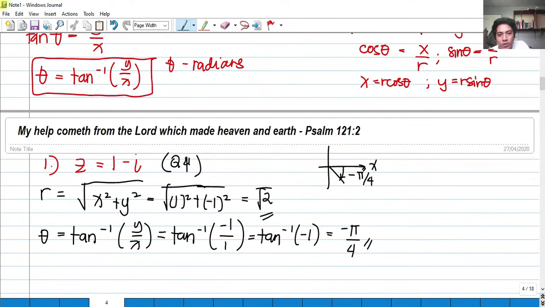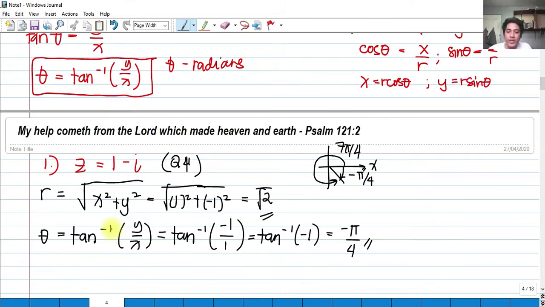I think we can also get the angle in the counterclockwise direction, and that is 7 pi over 4, which is correct. But the calculator gives you negative pi over 4, so we are okay with that. We can also use 7 pi over 4 as our answer if we measure it counterclockwise from the positive x. So that is the answer for that.